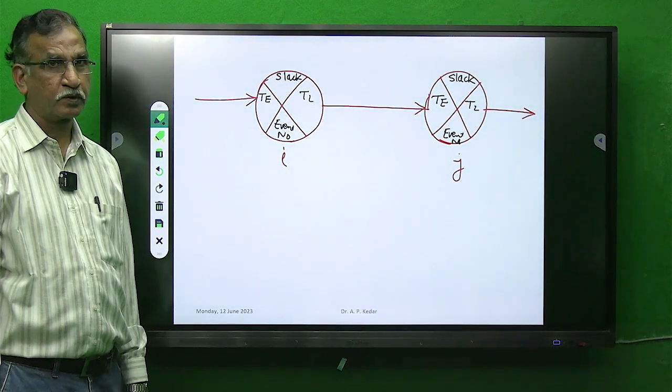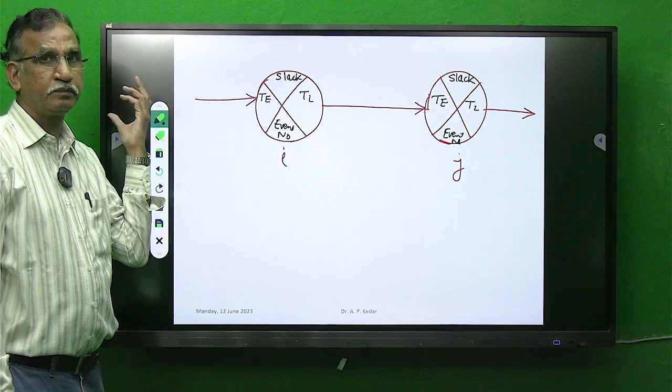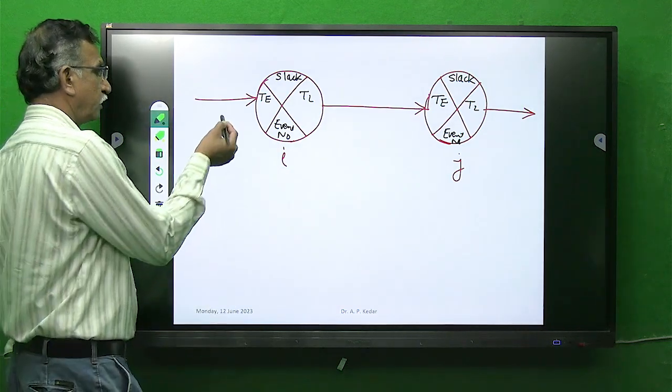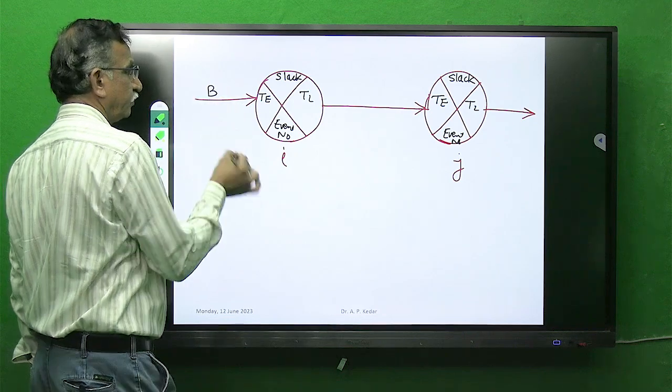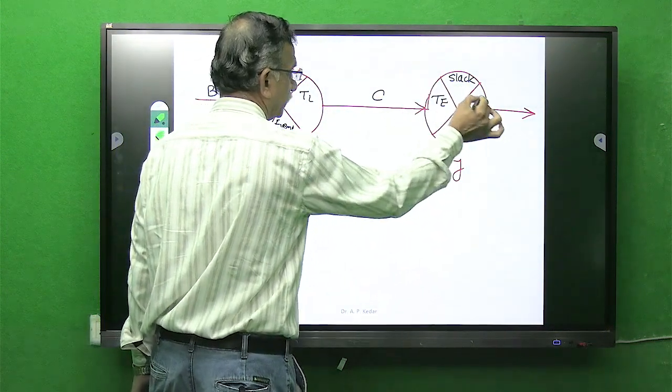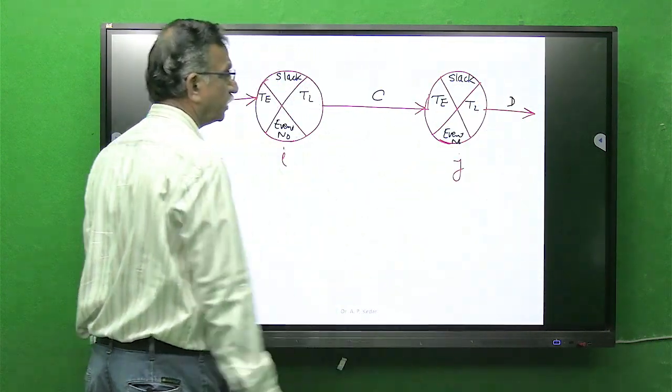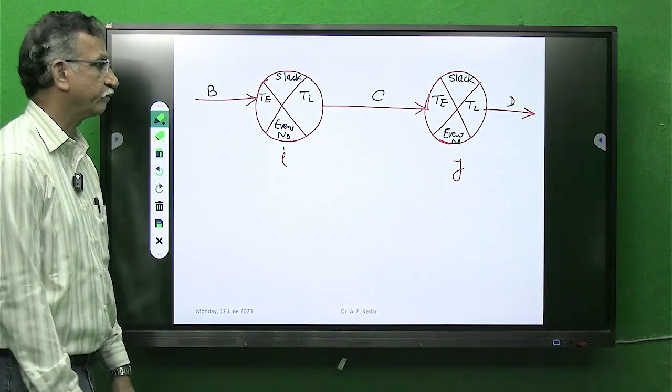Got it? Some activities we can refer to; suppose we name these B activity, C activity, and D activity, just for the sake of understanding.